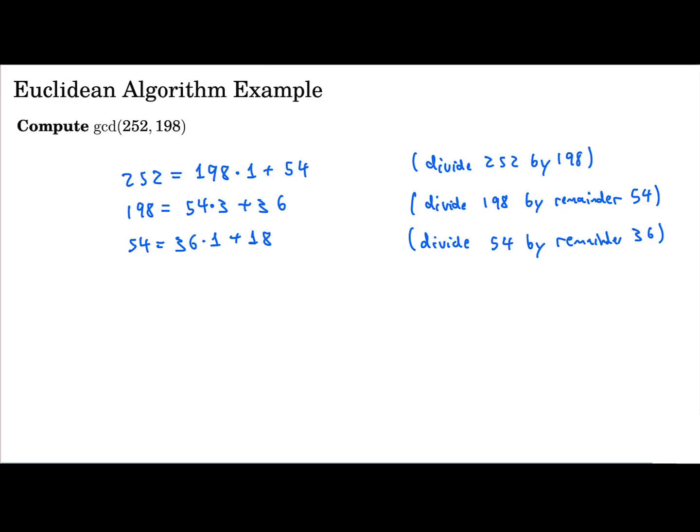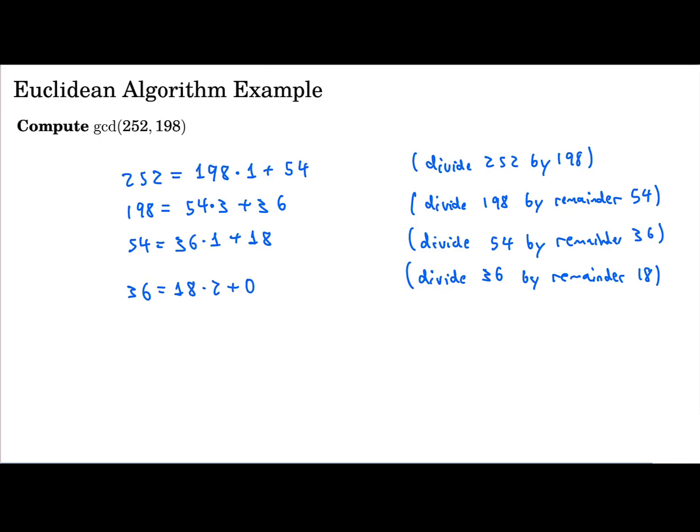And now again, you divide the 36 by the remainder 18. When you do that, you get 36 equal to 18 times 2 plus 0.